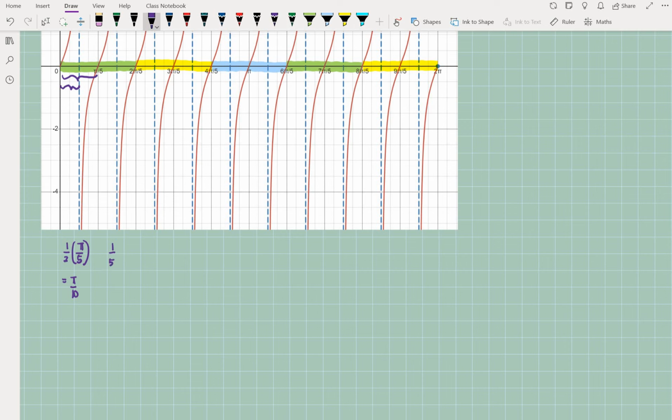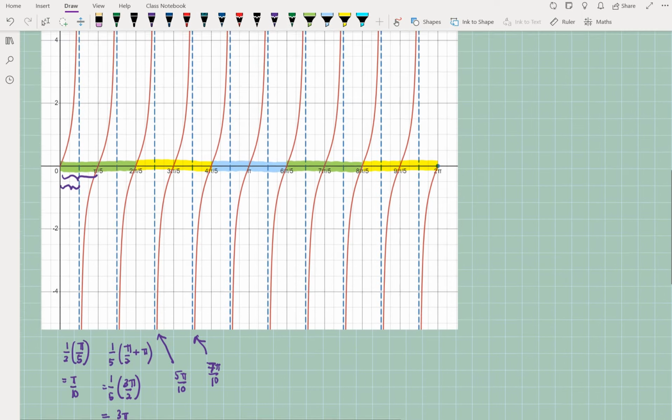This is actually 1 per 5 times pi per 2 plus pi. Okay, so when we calculate like this, we get 1 per 5 multiplied by 3 pi per 2. So, that is going to be 3 pi over 10. And so on, this next one is going to be 5 pi over 10, which is pi over 5. And then next we will have 7 pi over 10. And so on, you can calculate until the value here.